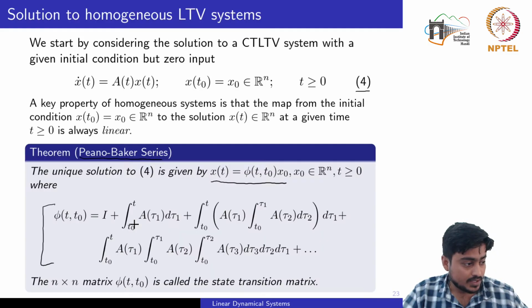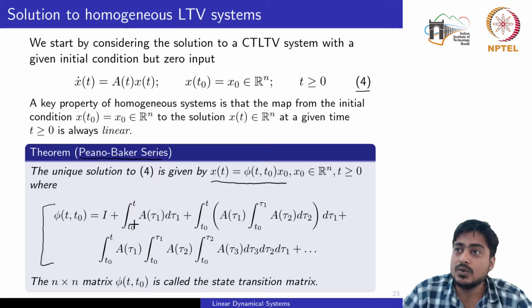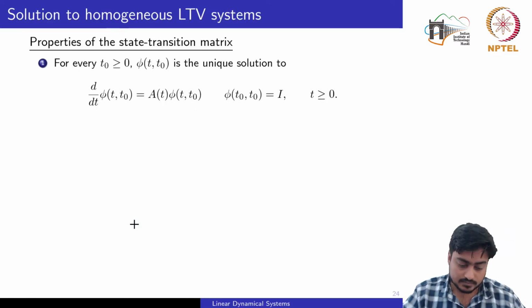If you pay close attention to this series, it is quite complicated to compute all these integrals, and we never know how many integrals we need to compute. So first we will see the key properties of the state transition matrix, and then we will try to compute the closed form solution of this state transition matrix.